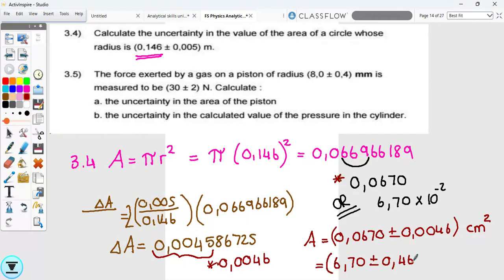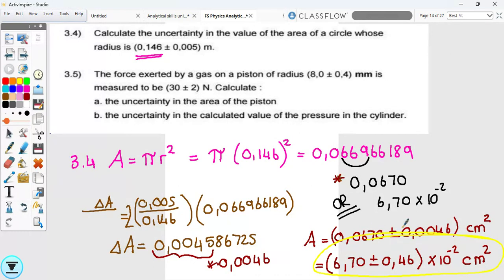And this makes it look beautiful, because now both of these values have a power of 10 to the minus 2. So you put your 10 to the minus 2, applicable to both of your values, outside of the bracket. And then you put your centimeters squared. So this is the preferred way of writing an answer.